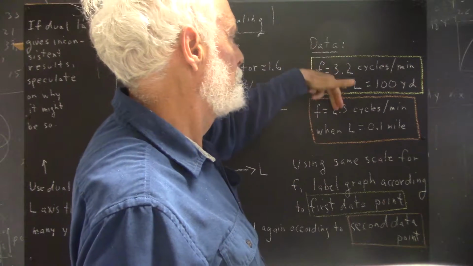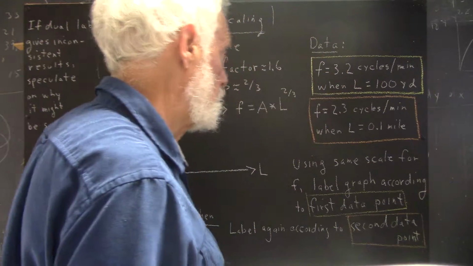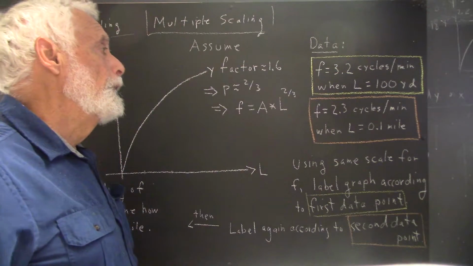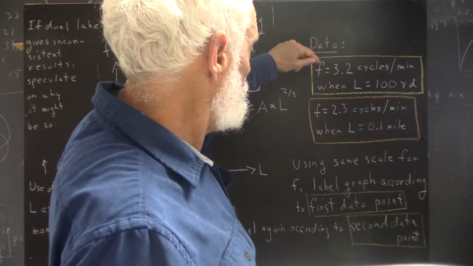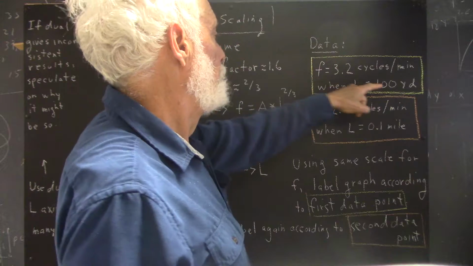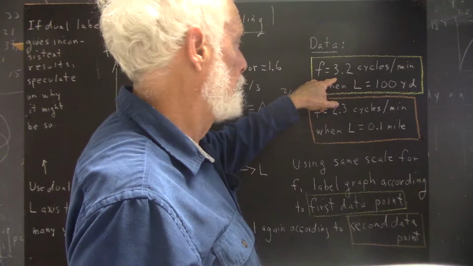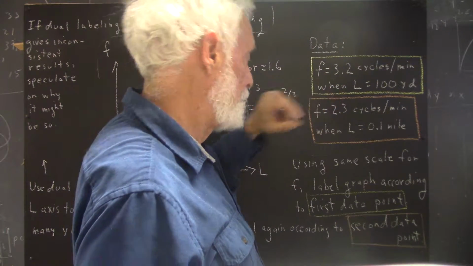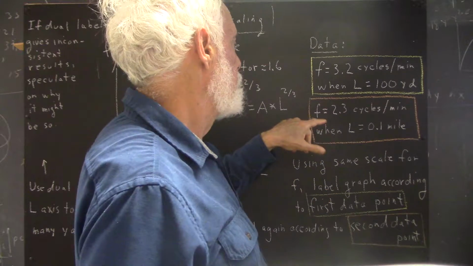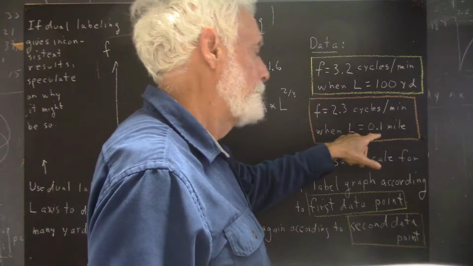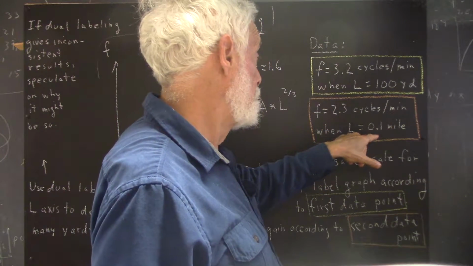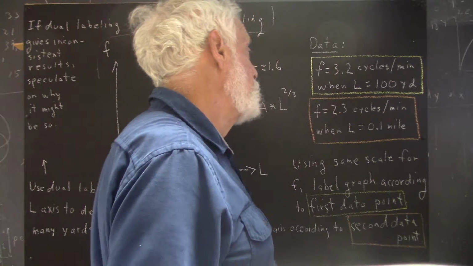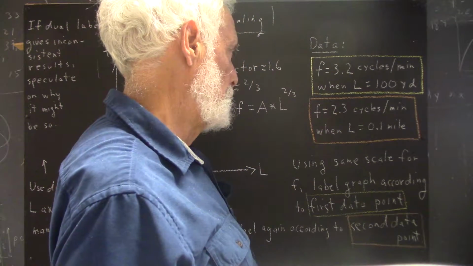But let's just take the simple numbers so we don't get cluttered up with a lot of numbers, and again assume that for 100 yards we observe a frequency of 3.2 cycles per minute. And for a pendulum 1/10 of a mile long, we observe a frequency of 2.3 cycles per minute.